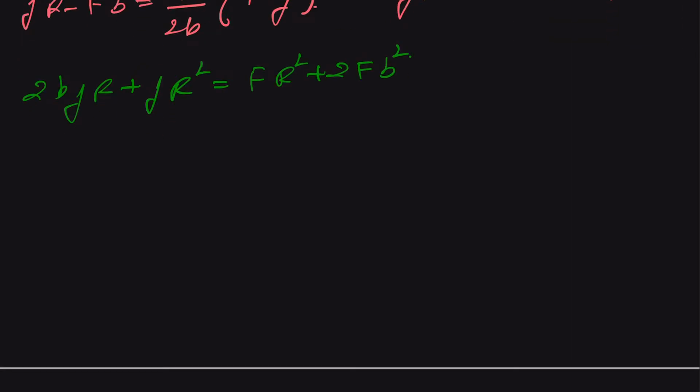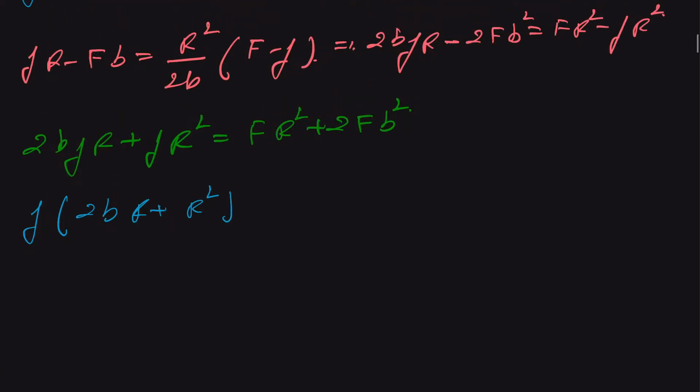And from here we can take frictional force as common, so we get this as twice B times R plus R square, and one second, F, this is our 2BF, yeah.